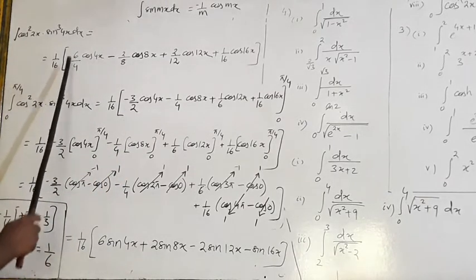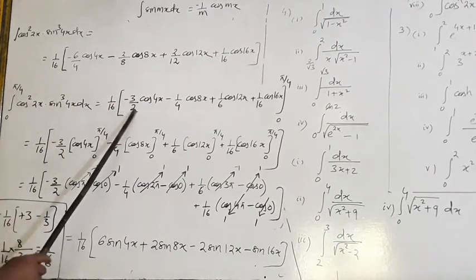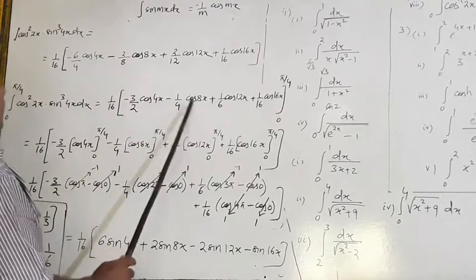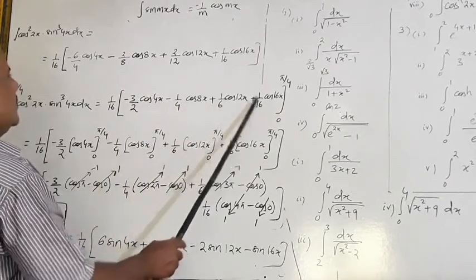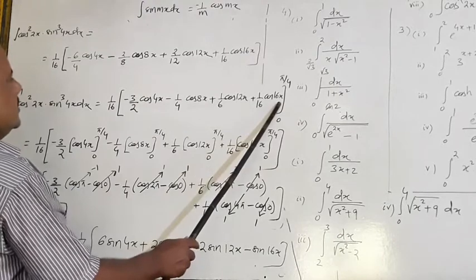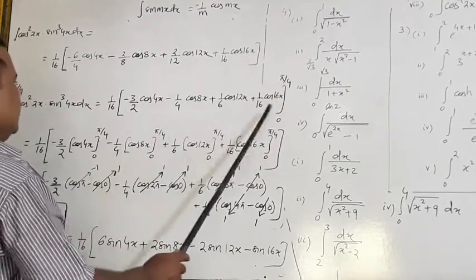Okay, simplifying, it is 1 by 16 times minus 3 by 2 cos 4x, minus 1 by 4 cos 8x, plus 1 by 6 cos 12x, plus 1 by 16 cos 16x, from 0 to pi by 4. Then put the upper limits, then minus the lower limits.